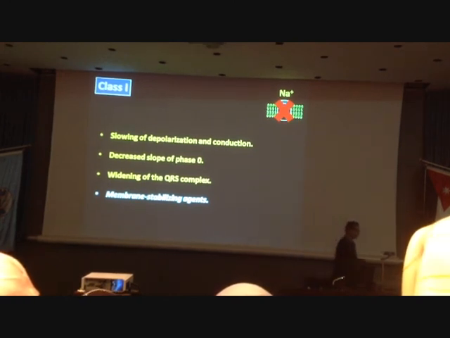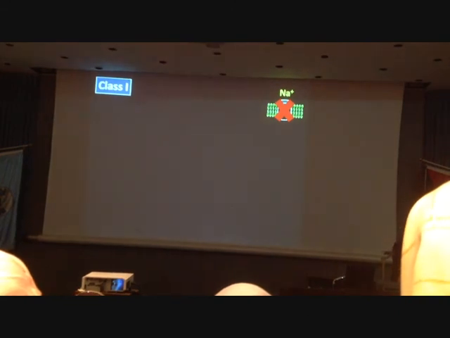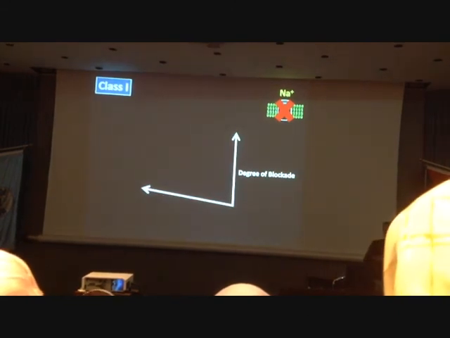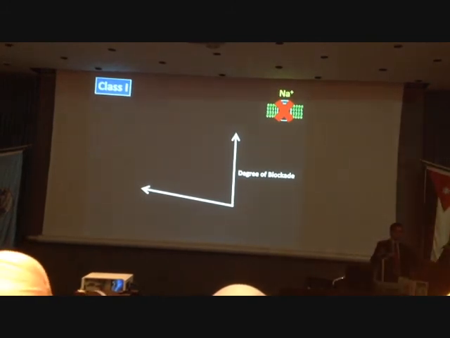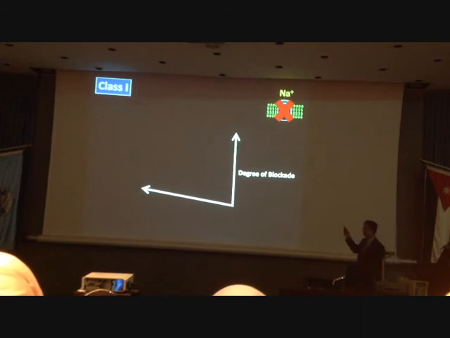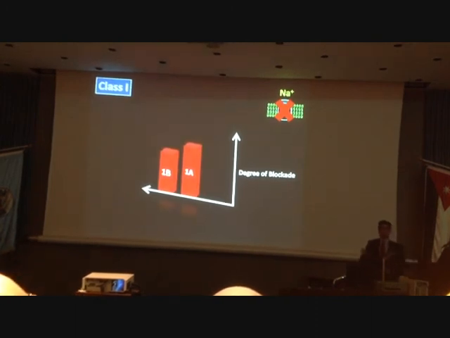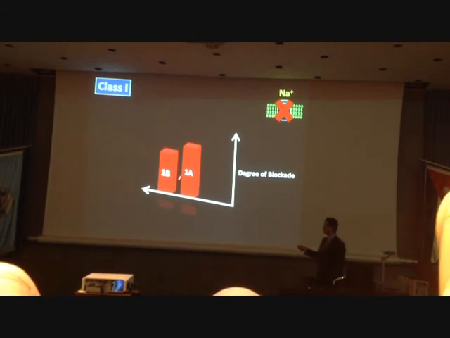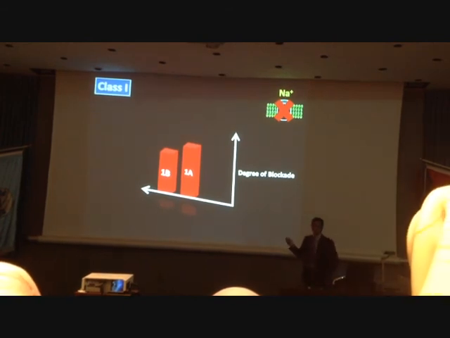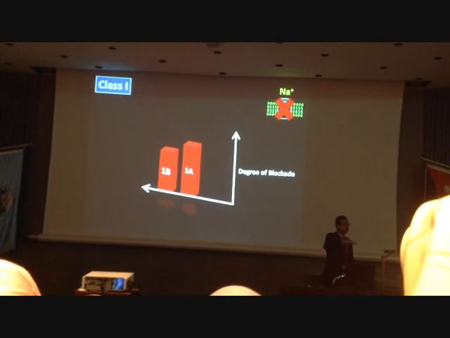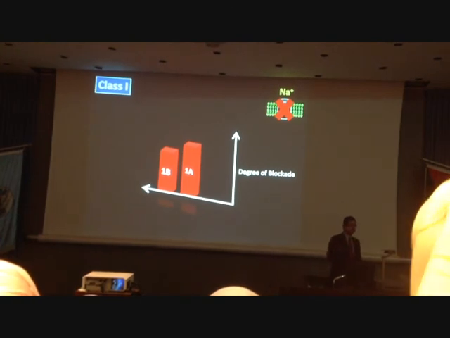Good? Now, some other pharmacological details people discuss, and it's actually how they classify the class 1 drugs according to the degree of blockade of the sodium channels. They divide them into 3 classes. We have the class 1A, which is a moderate blockade. We have the class 1B, which means that these drugs block the sodium channel in a much weaker fashion than the class 1A.